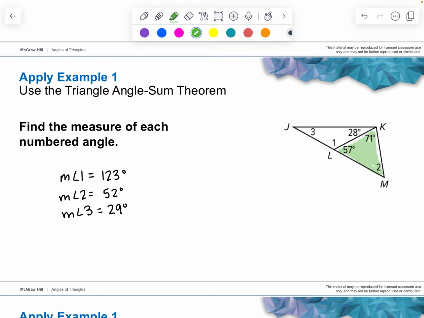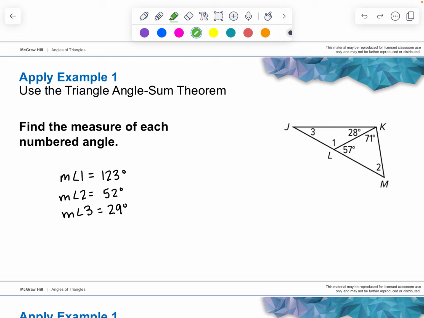So you can subtract from 180 to find out that angle 2 is 52. Should have found that these 2 add to 180. So you could have subtracted 57 from 180 to find that 1 is 123. And you could have found that these 3 add to 180. And that's just one of the ways to solve it.